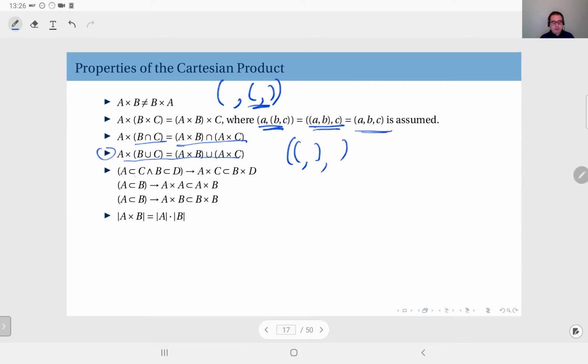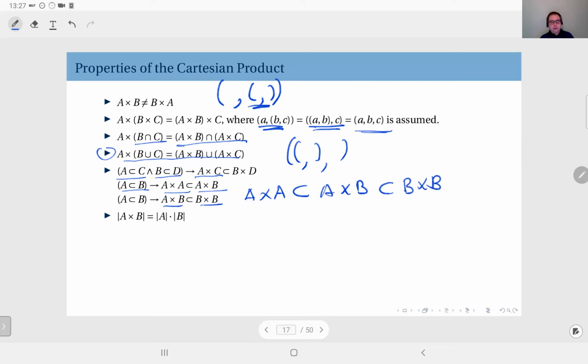And if you have A a subset of C, as well as B a subset of D, in this case, we get the Cartesian product of A and B is a subset of the Cartesian product of C and D. And an immediate result of this property is that if A is a subset of B, then A times A is a subset of A times B, and also A times B is a subset of B times B. Or I can simply write this as A times A subset of A times B subset of B times B.